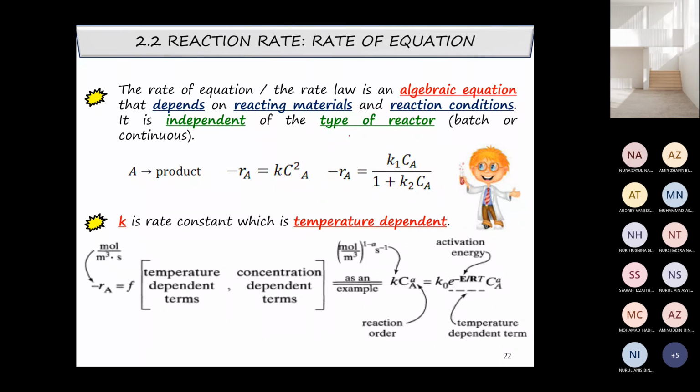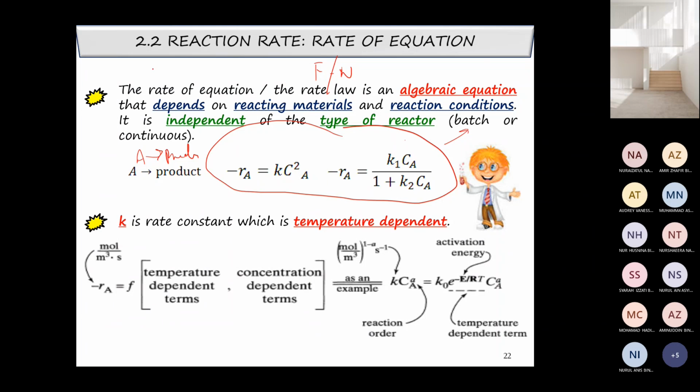So this can actually be applied to the types of reactors. You will just learn the difference in terms of stoichiometry later, where there will be F or N. You will learn that in the third chapter, third topic. So let's say we have A going to product. This depends on the reactor materials.